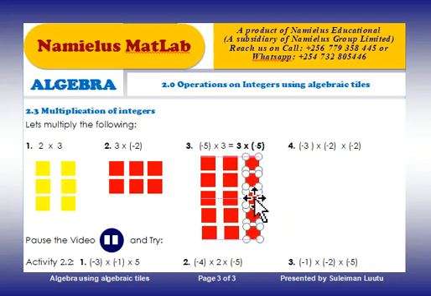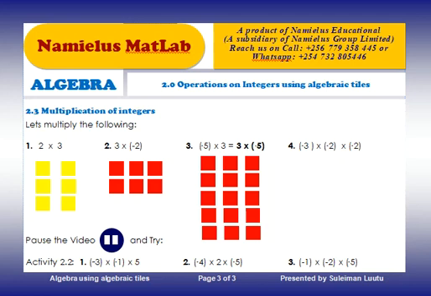That is what we have. We are having 3 times -5. So there are 3 -5s. As you see it now, it becomes 15 negative: 1 2 3 4 5 6 7 8 9 10 11 12 13 14 15. So this is -15.